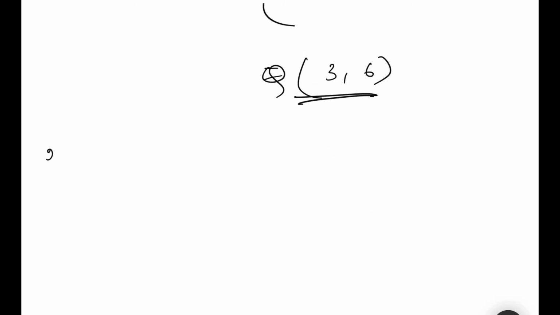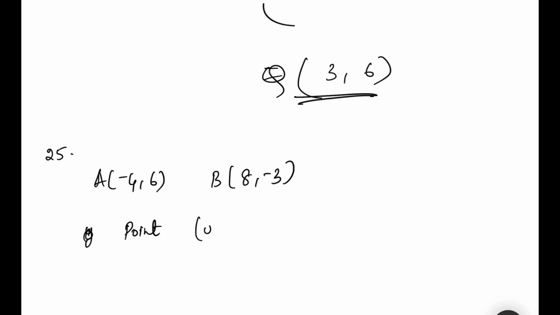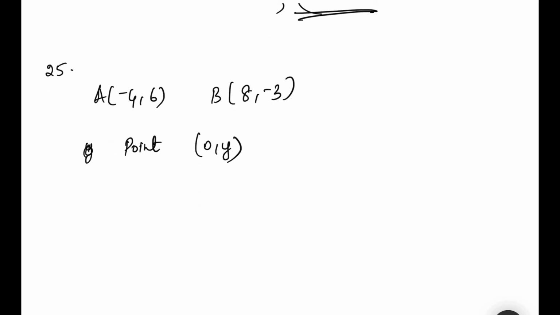Now coming to the 25th question, we have given a line AB joining the points A (-4, 6) and B (8, -3). Find the ratio in which AB is divided by the y-axis. Point divided by y-axis, so I can take (0, y). Let the ratio be m1 is to m2.